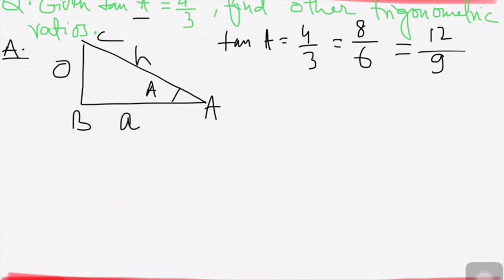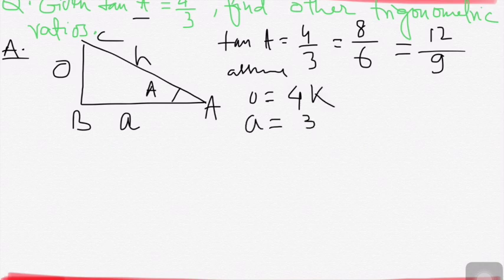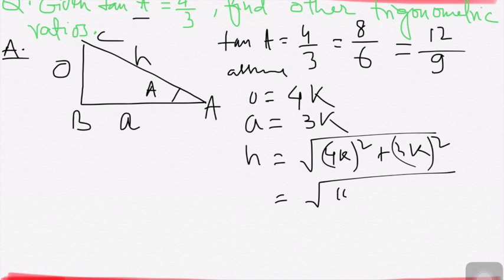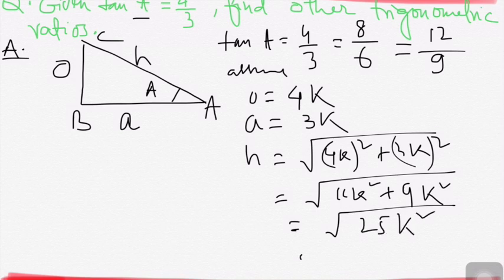So assume opposite equals 4k and adjacent equals 3k. Hence hypotenuse H can be written as the square root of 4k square plus 3k square, which is 16k square plus 9k square, which is 25k square. Hence it would be 5k. So we have got the value of H also.